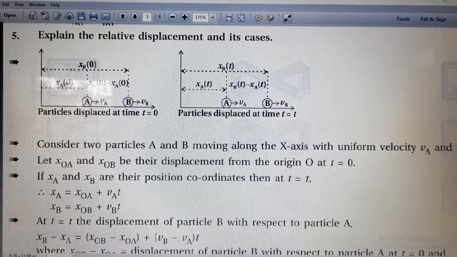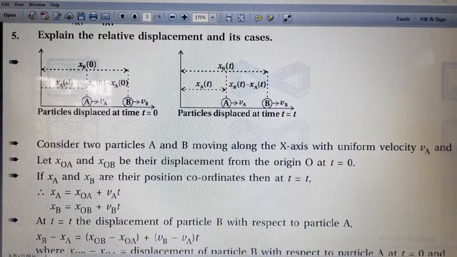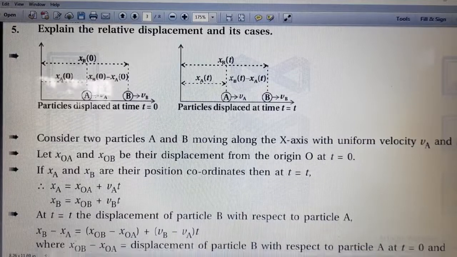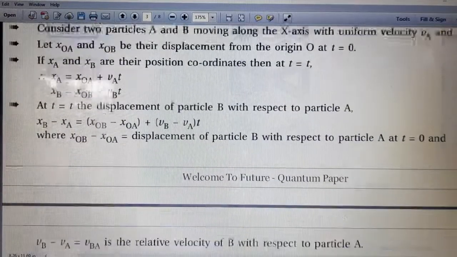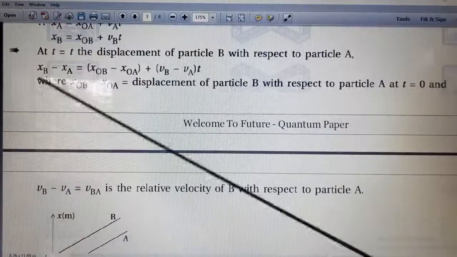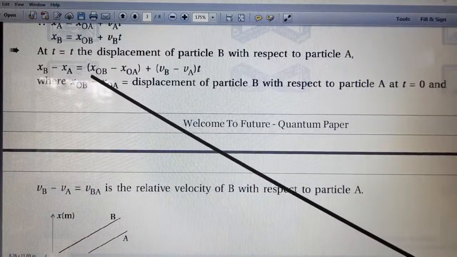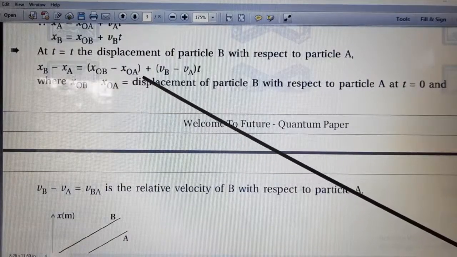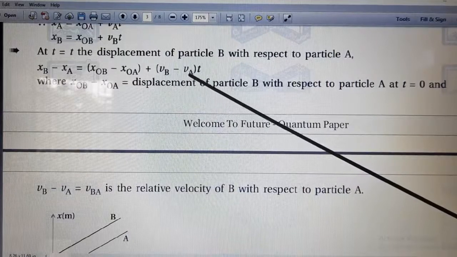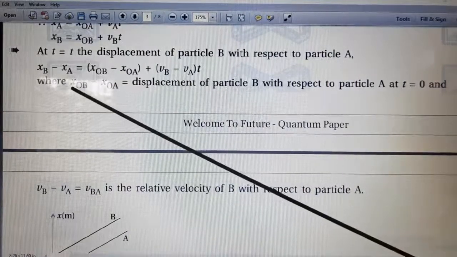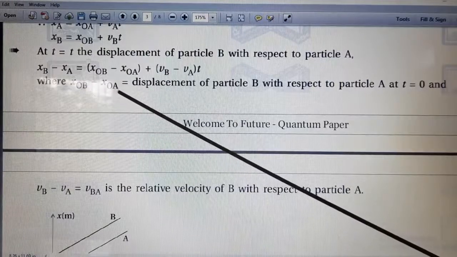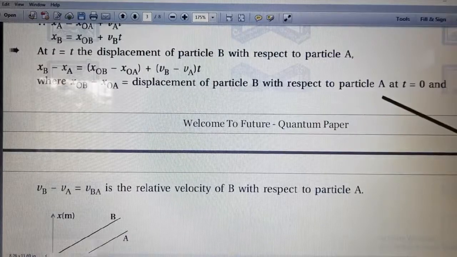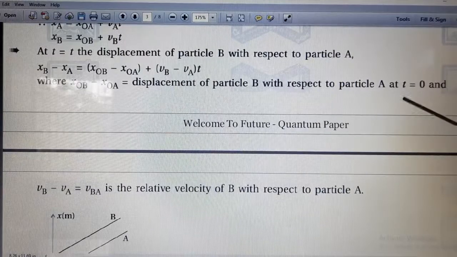When time is t, the displacement of particle B with respect to particle A, means XB minus XA, means XOB minus XOA plus VB minus VA into T. Here XOB minus XOA is the displacement of particle B with respect to particle A at time t equal to 0.